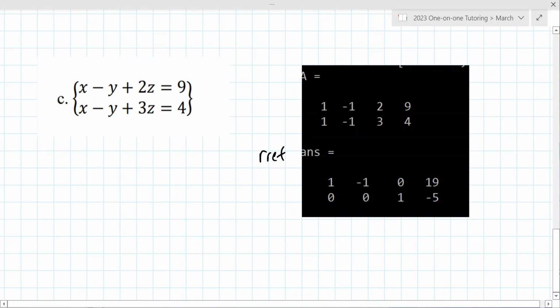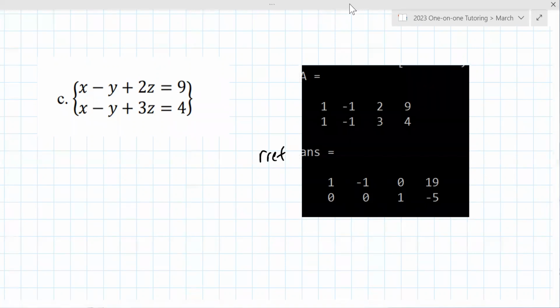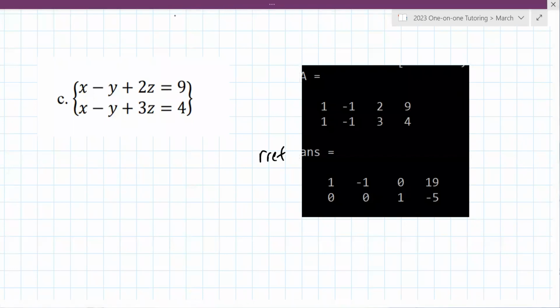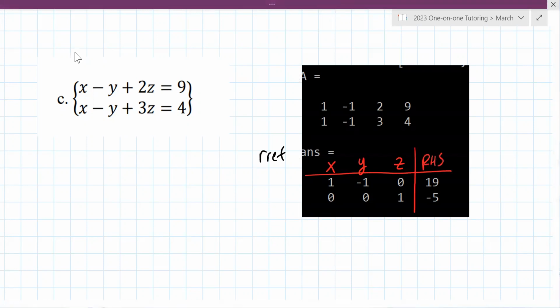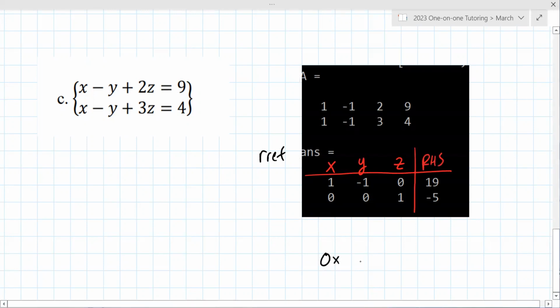What you have to add is that this is X, this is Y, and this is Z. It's kind of a table, and then this is the right hand side. So the second row literally says 0x plus 0y plus 1z equals -5. And 0 times anything we don't care about, so z is -5. That's how you interpret that second row.